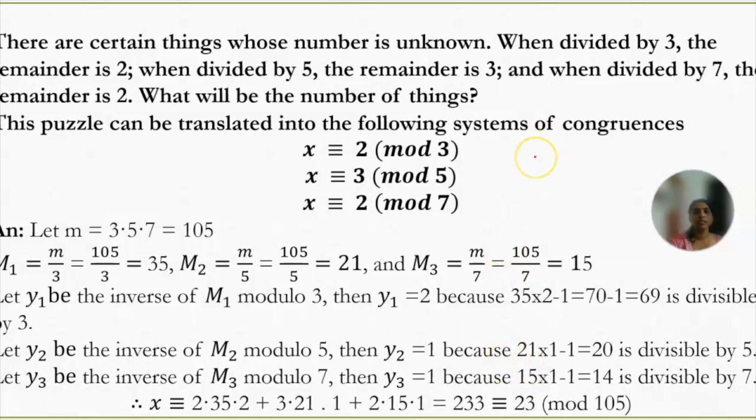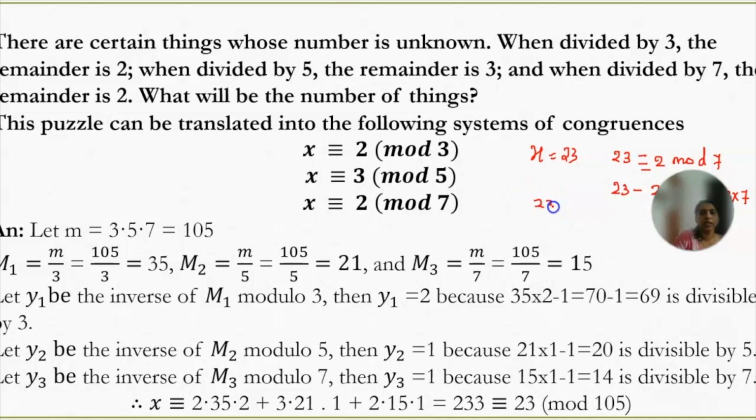Then let's check the answer. X equal to 23. Then 23 is congruent to 2 mod 3. Yes, it is true because 23 minus 2 is 21, which is divisible by 3.